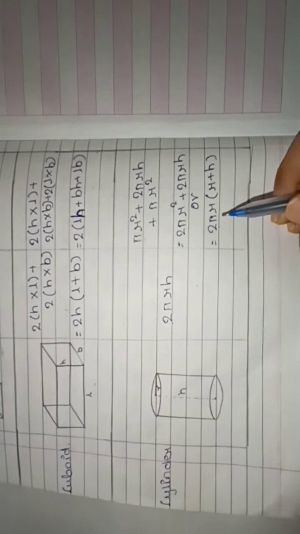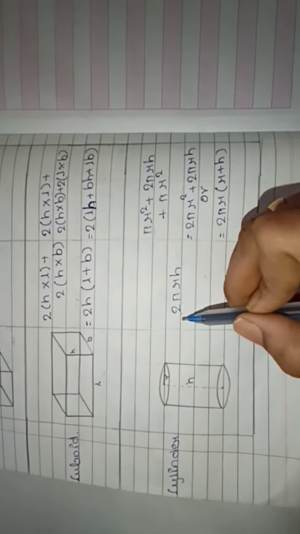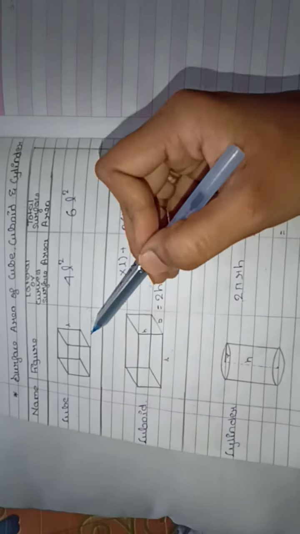So the total surface area of a cylinder is 2πr(r + h), and the lateral or curved surface area is 2πrh. You have to directly remember the formulas, but for your understanding I have explained how these formulas are derived.